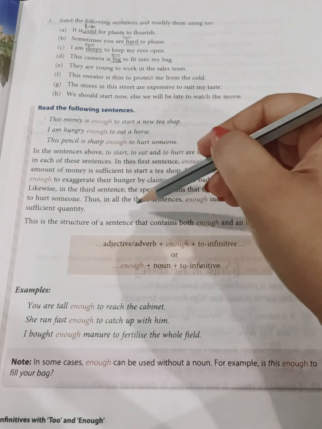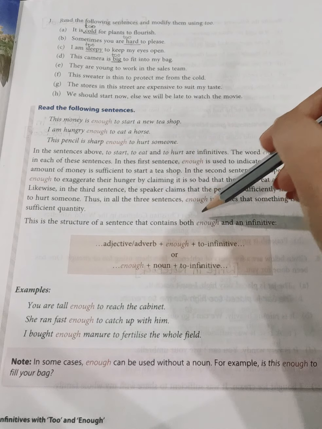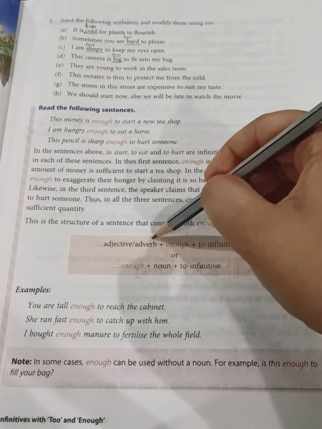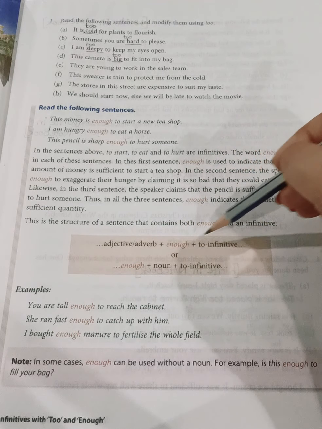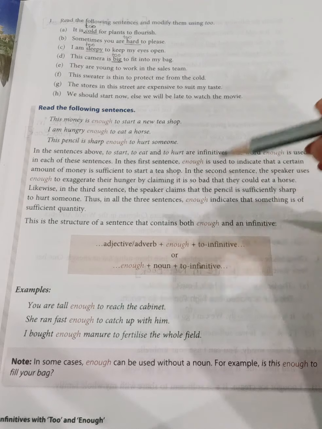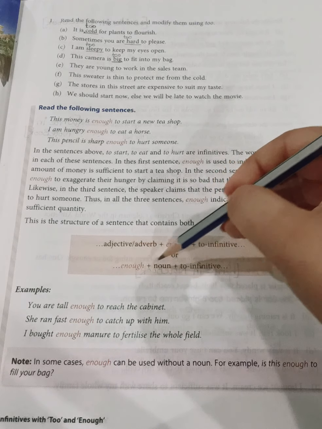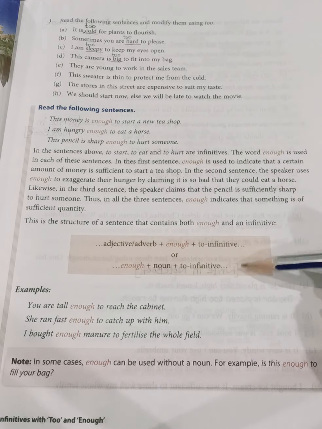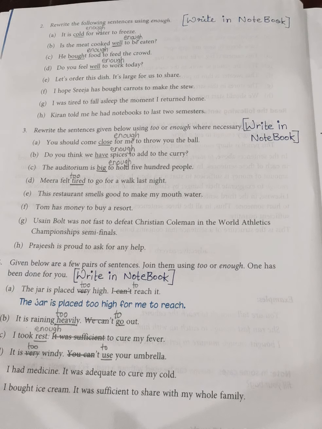This is the structure of a sentence that contains both enough and an infinitive. Now, adjective or adverb plus enough plus infinitive. Then enough plus noun and infinitive. These two possibilities in structure will be there for enough.